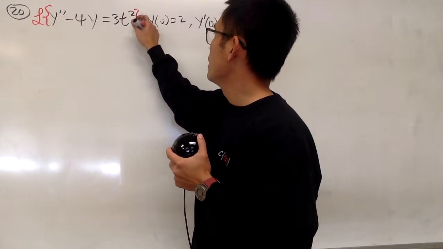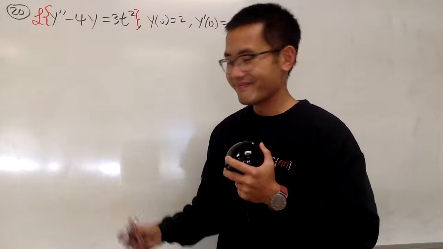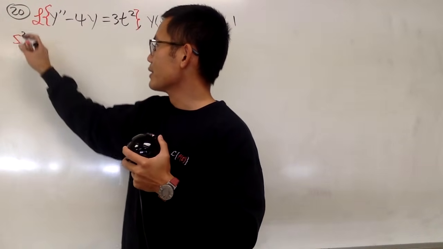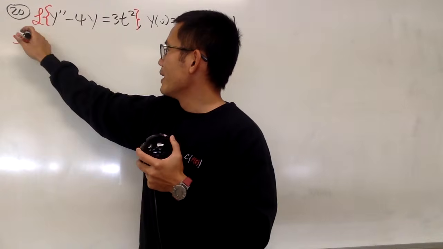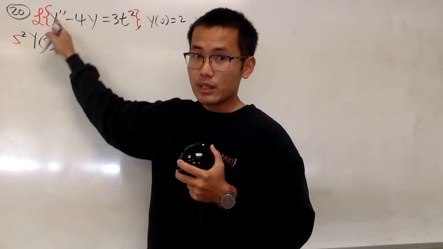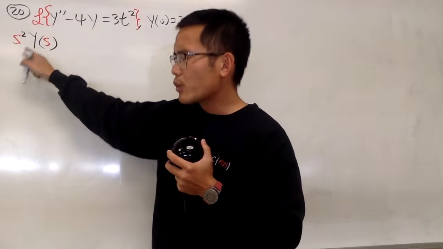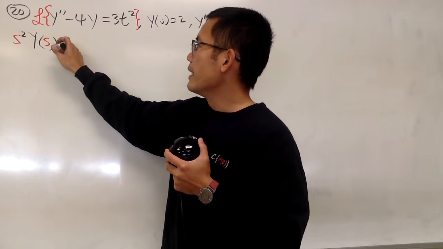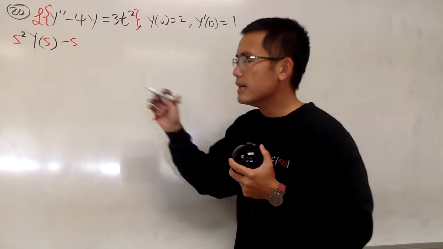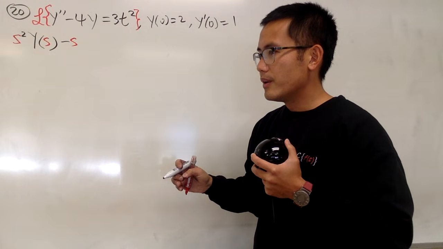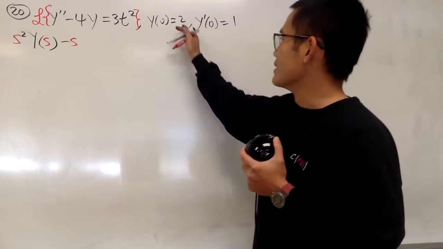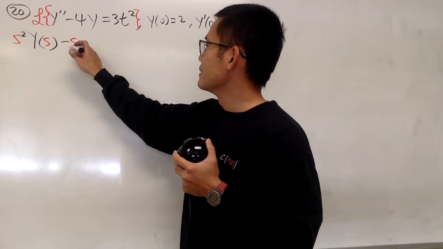This is just the original version. Now, first, this right here, we begin with s squared. So it's crazy already. The Laplace of the second derivative is s squared times Y of s, and then minus s times y of 0, so it's s times 2.